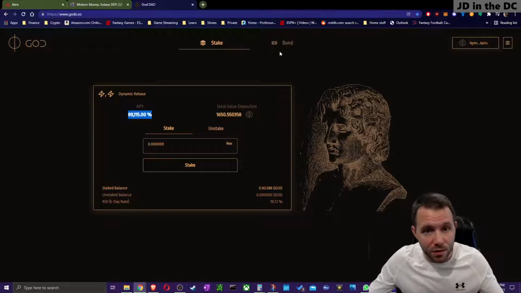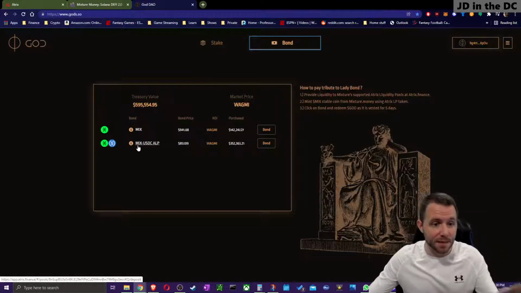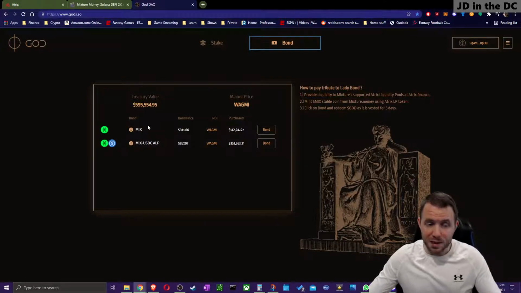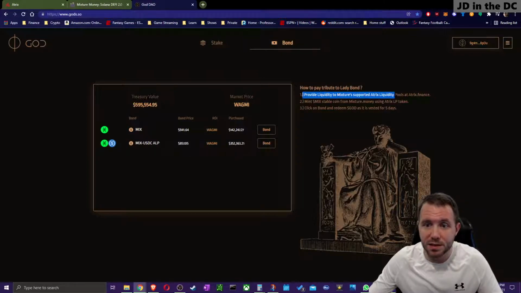But another way you can do things is you can bond them, and it uses the Mix token and the Mix liquidity pair. Anytime you see this ALP, it's a liquidity pair. But this is just the Mix stablecoin. So if you bond something, it tells you right here, provide liquidity to Mixture supported Atrix liquidity pools, tells you where to go.